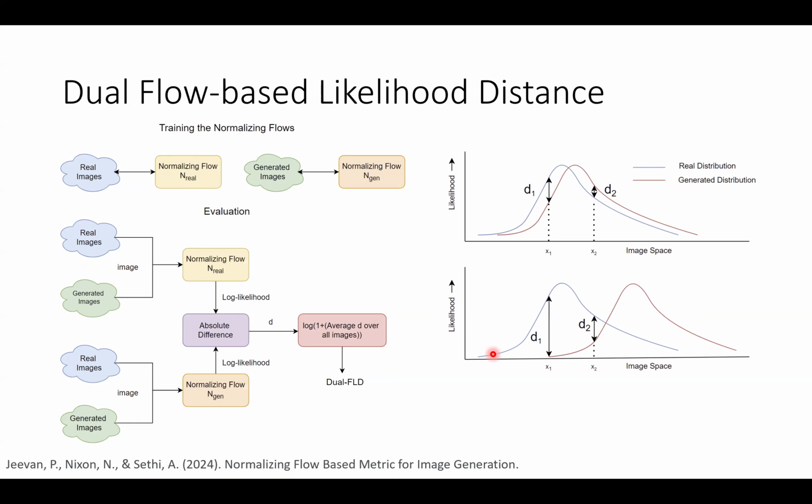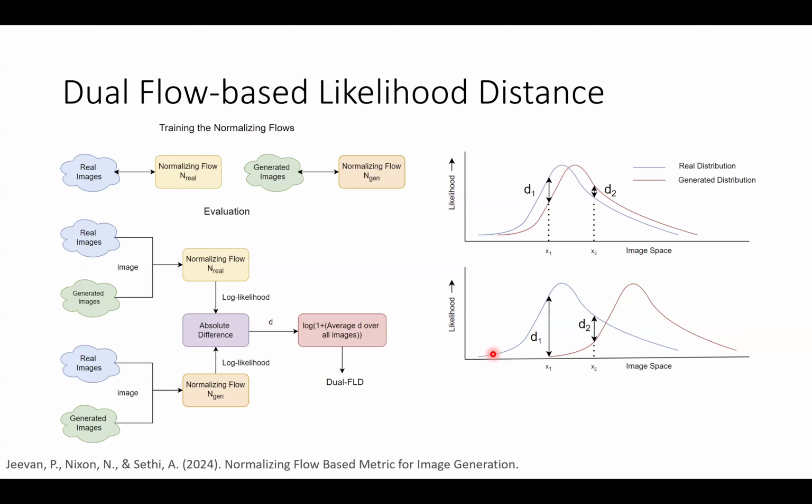So we thought, is there any better way to compute the quality of these images? Then we found that normalizing flow is a generative model which, if trained on the real images, can approximate the data distribution pretty well, and it will give a very good value of log likelihood for the image based on how it is trained.